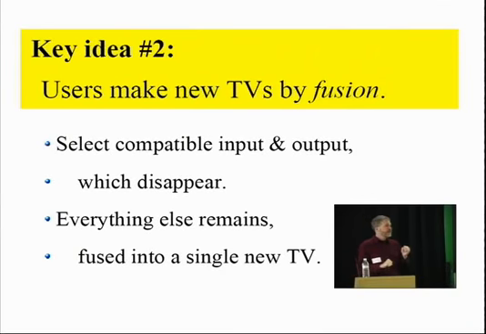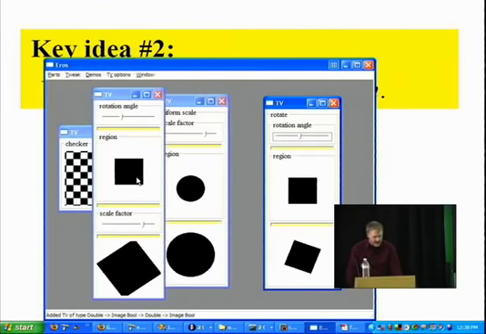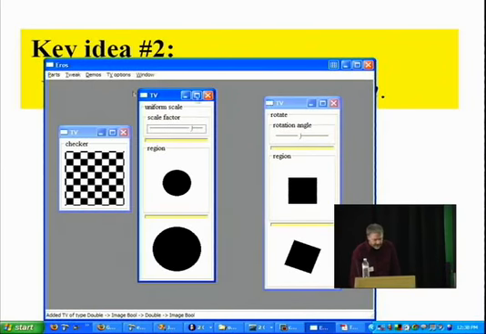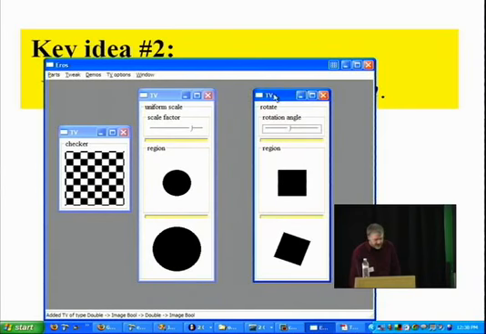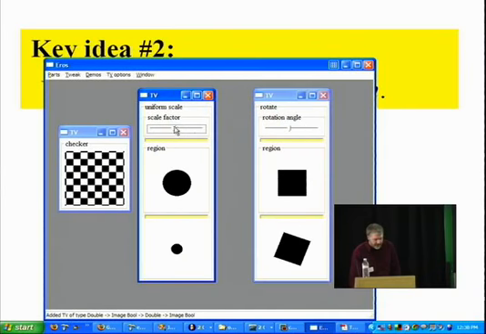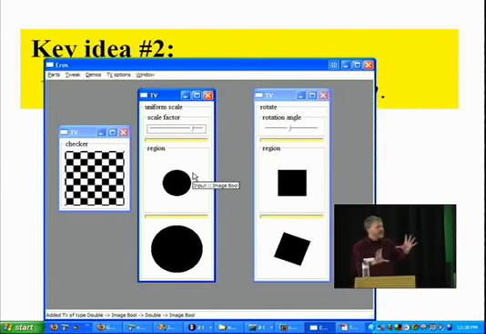What I mean by fusion is I've got two things, and I'll show you this again. I have two of these functions. And what I want to do is fuse them together, make one thing that combines the two of them, feeding the output of one into the input of the other.